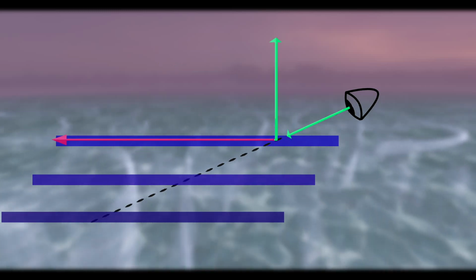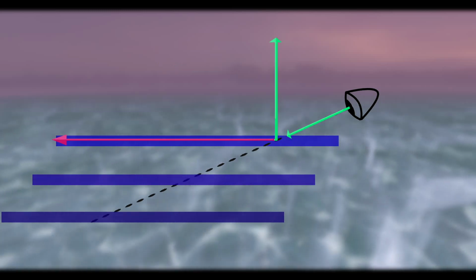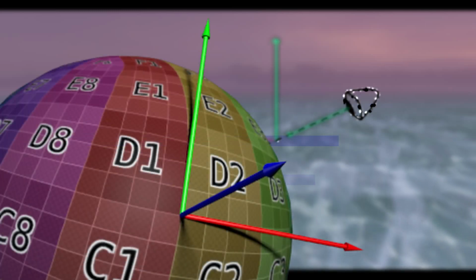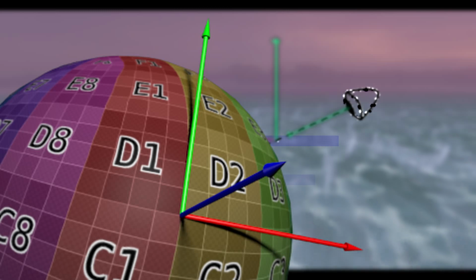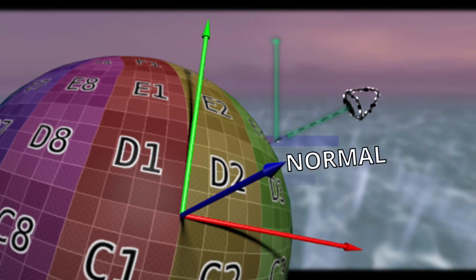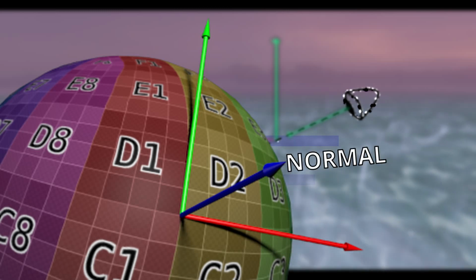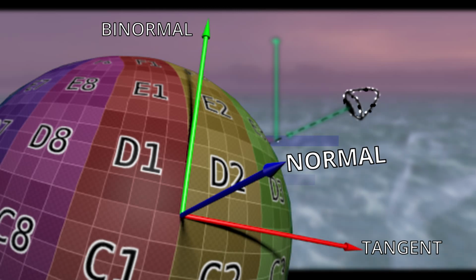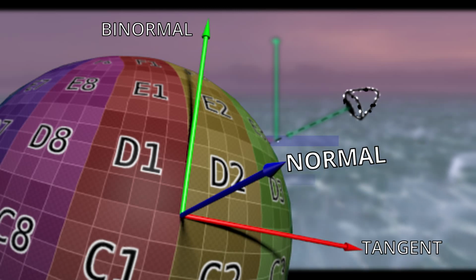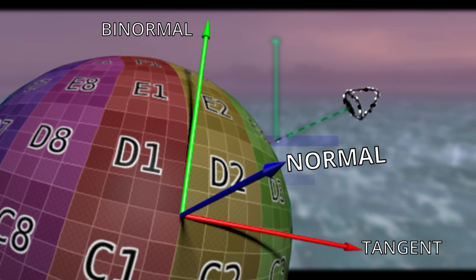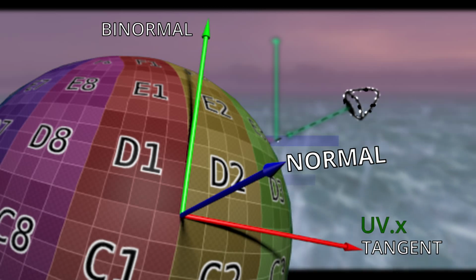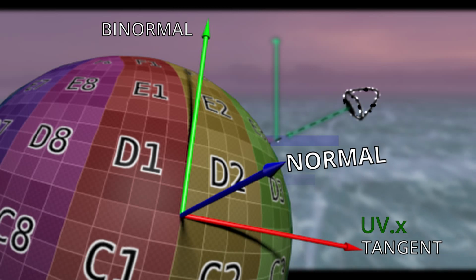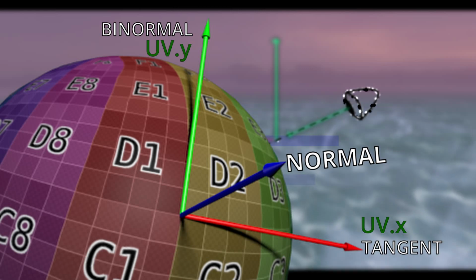Well, this is a tangent space. And as you know, each point on our mesh has a different tangent space. And the coordinate system in this space is defined by normal, which is perpendicular to that point on mesh, and tangent and binormal, which are parallel to mesh. So fortunately, tangent and binormal have the same direction as the x component of our UV and y component of our UV.